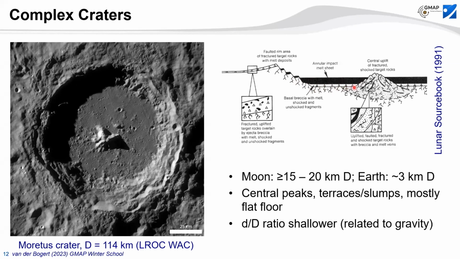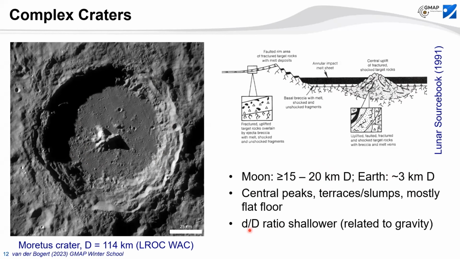Then you've got breccias and impact melts that cover the floor. And then there's an uplifted section in the middle that's a central peak. Okay, and so these complex craters, like I mentioned, are on the moon greater than about 15 to 20 kilometers in size, and on the Earth greater than 3 kilometers in size.